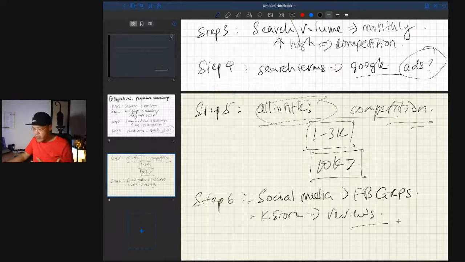Because when you read the reviews, you will see that there are some people who are unhappy about what's being provided. That kind of gives you a sense of what some unmet needs are.